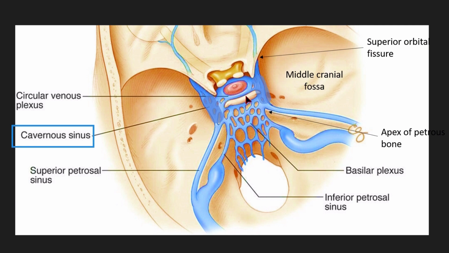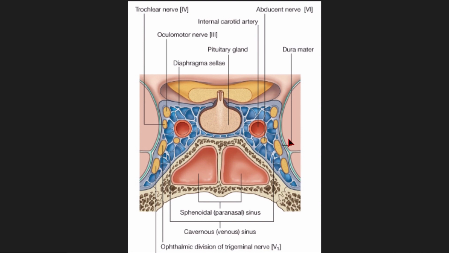If we take a section at the level of the pituitary gland, how will it look? Let's see. Here we can see the pituitary gland. This is the body of the sphenoid with the sphenoidal sinuses. On both sides of the body of the sphenoid and the pituitary gland, we see the cavernous sinus.